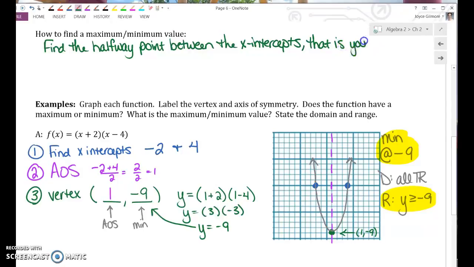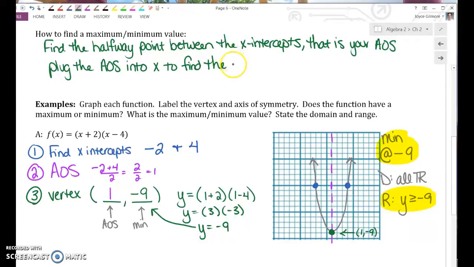And that is your axis of symmetry. Plug the axis of symmetry into x to find the corresponding y value.